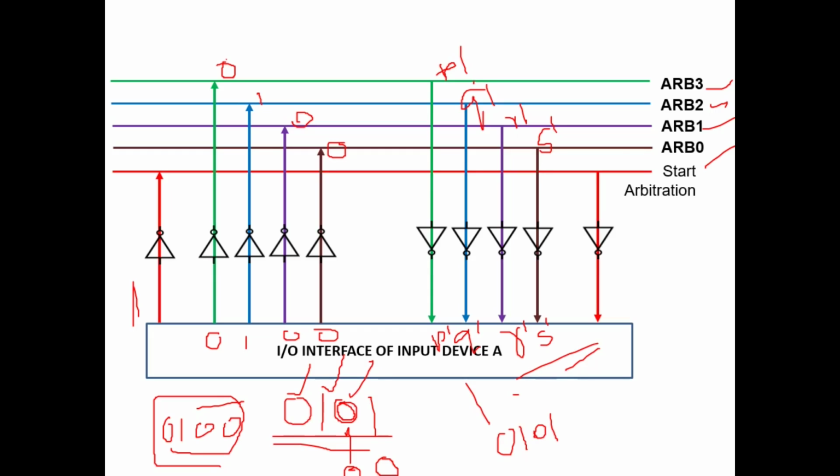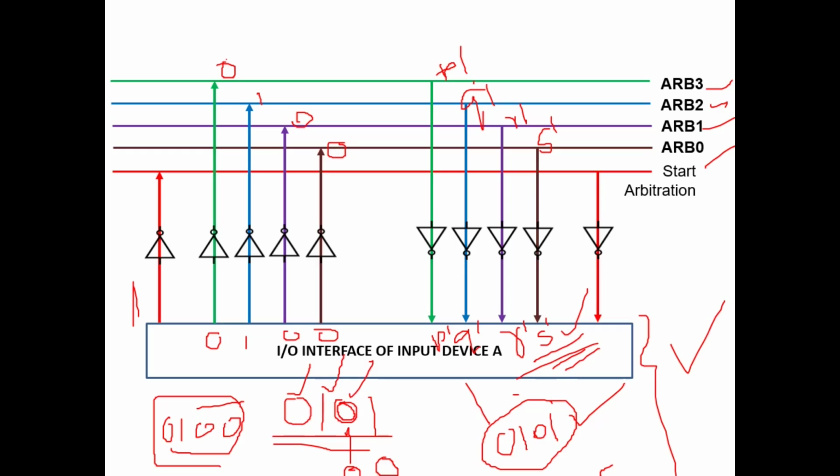We changed it. But now the newly received 4 bits P dash, Q dash, R dash, S dash are compared with its original ID. If the received 4-bit code is nothing but the address of the device, that means this device comes to know that it has won the arbitration process. This is the new bus master.